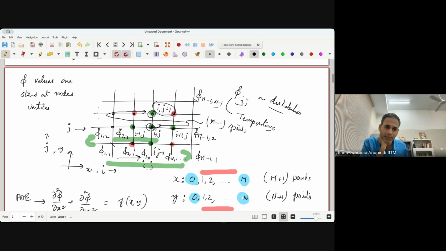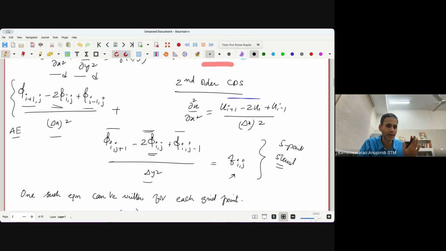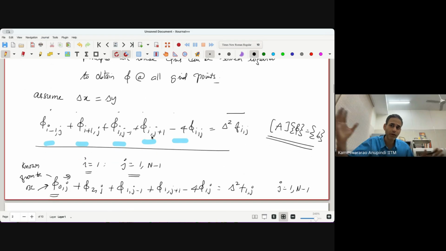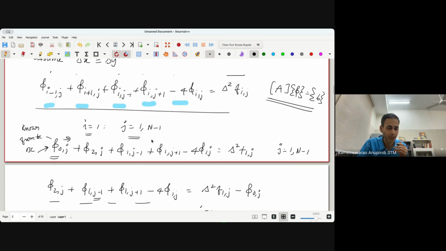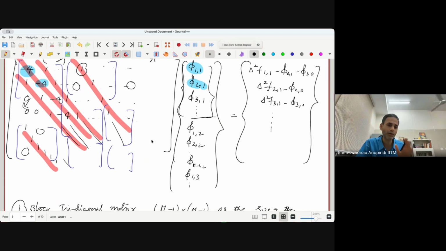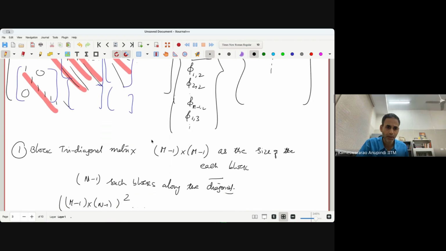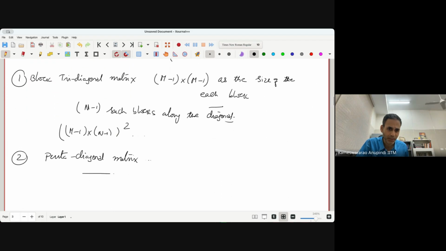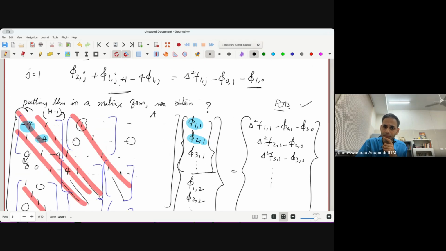So as a result, you can think of it like a pentadiagonal matrix, but only 3 diagonals are adjacent to each other. The other 2 are farther apart. Or you can think of it like a banded block tridiagonal matrix. Okay, so in both ways, essentially this can be solved.